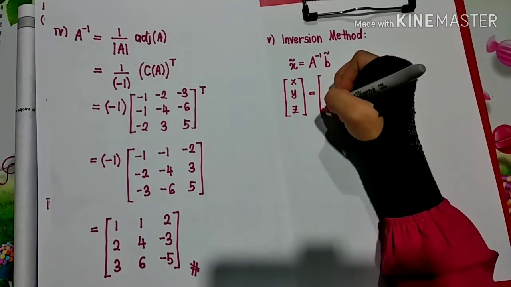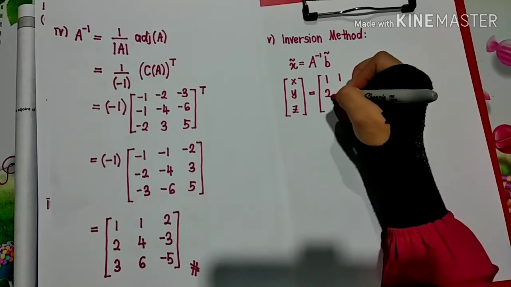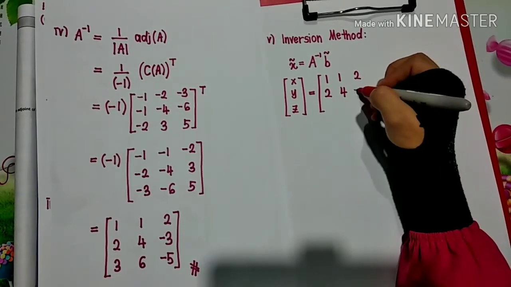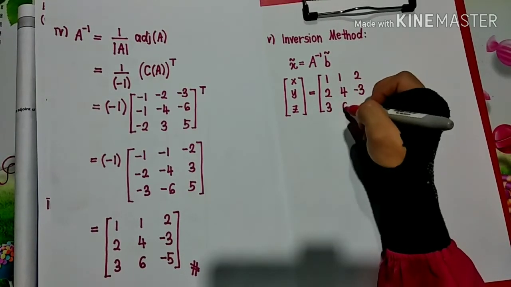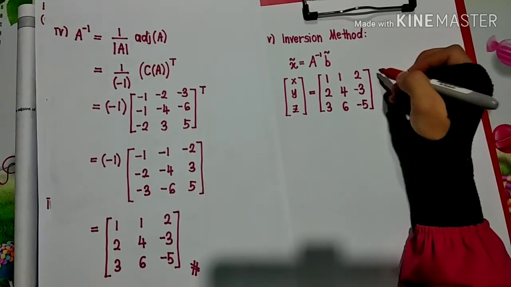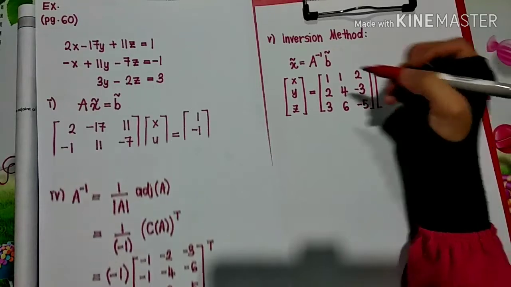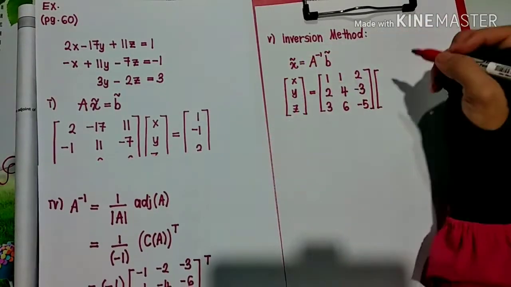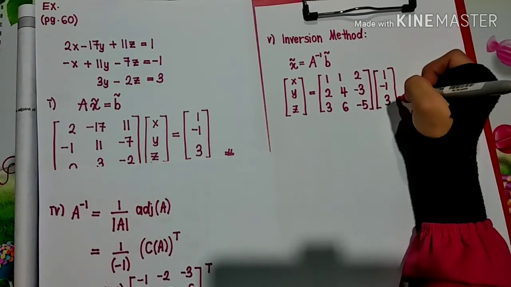So A inverse here: 1, 1, 2, 2, 4, negative 3, 3, 6, negative 5. And then you multiply with B. So what is our B? Our B will be this matrix here: 1, negative 1, 3. Right?